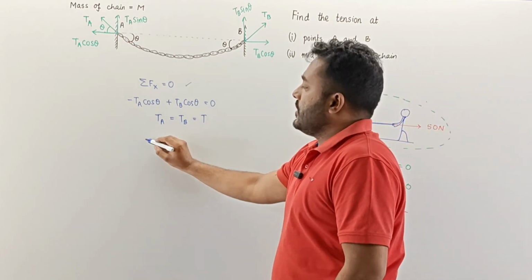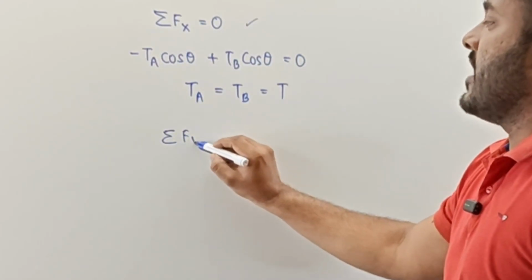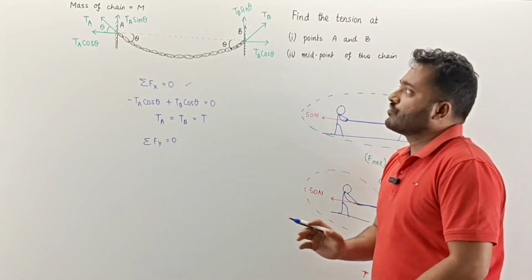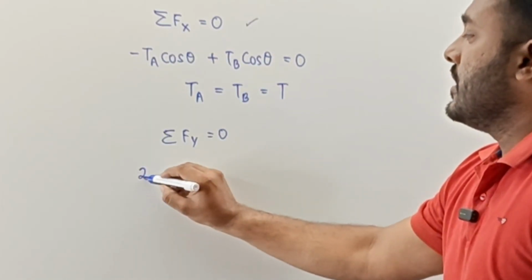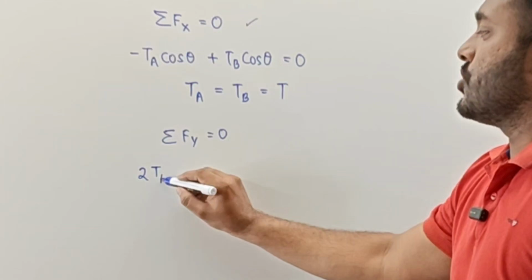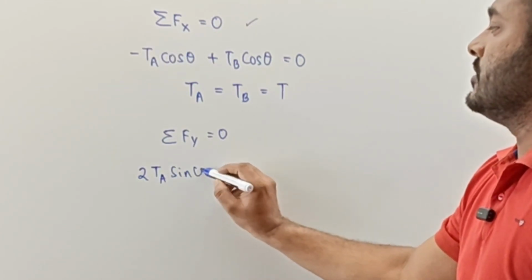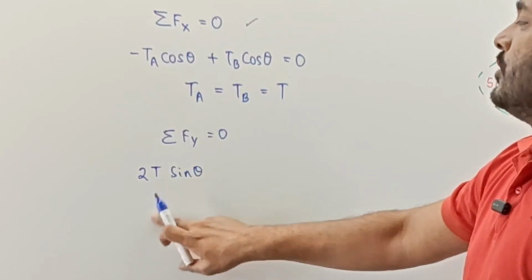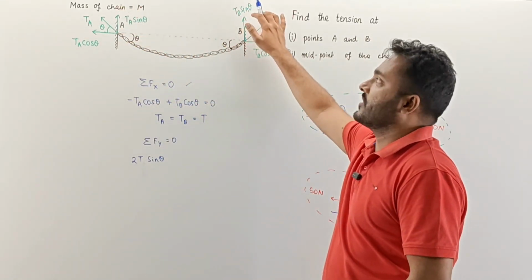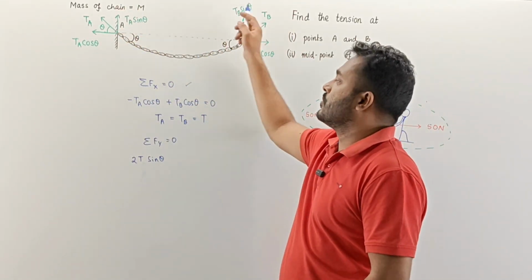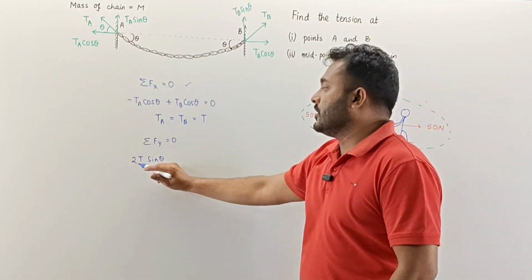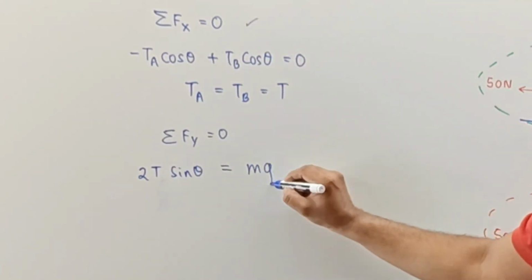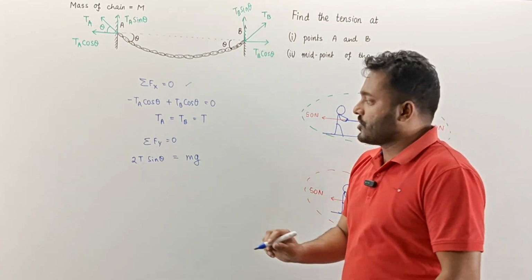Now, the next equation which we write is along the y-axis. So net force in the y direction is also 0. The force in the upward direction is TA sin theta plus TB sin theta, or since TA equals TB equals T, we can write 2T sin theta, which is equal to the weight mg in the downward direction.